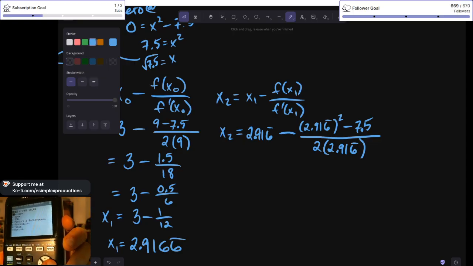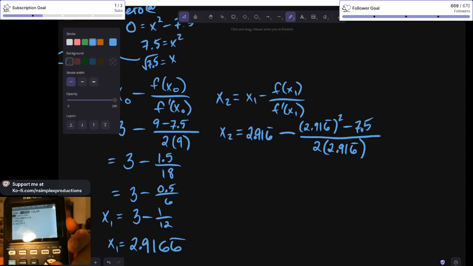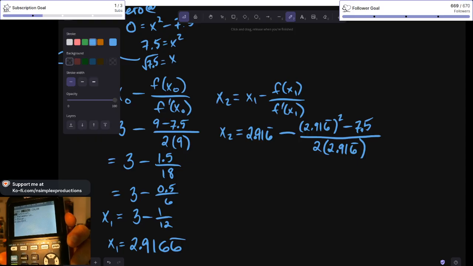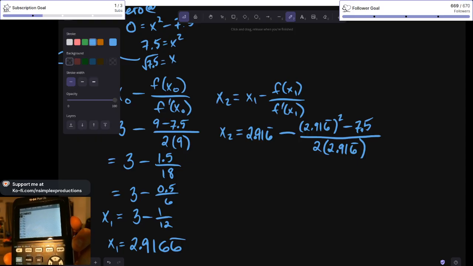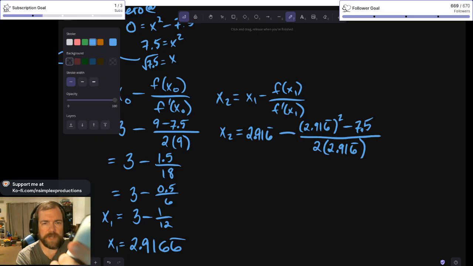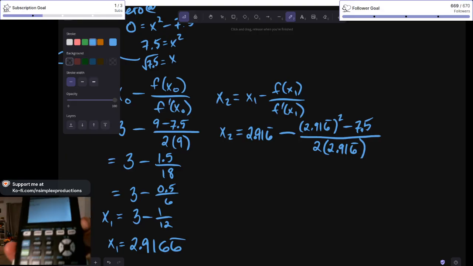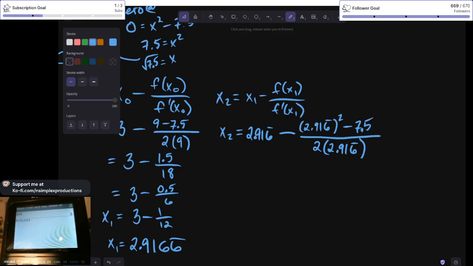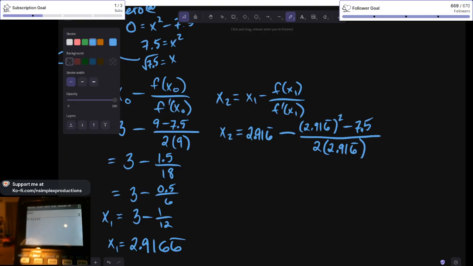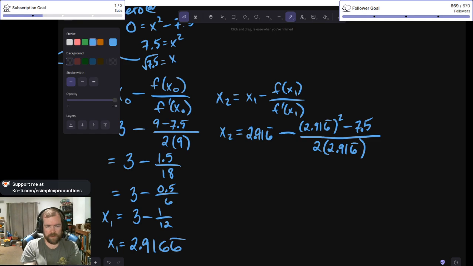If we go over to yvars, we are in function mode, and now it says y1, y2, etc. So we do y1 at x, so put the parentheses in there, divided by vars, yvars function y2, which is our derivative function, parentheses x.